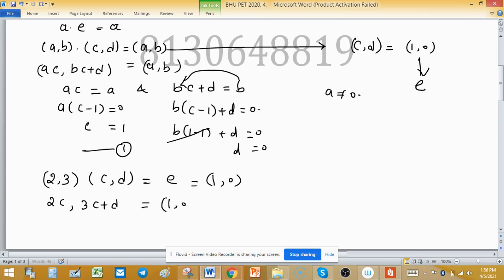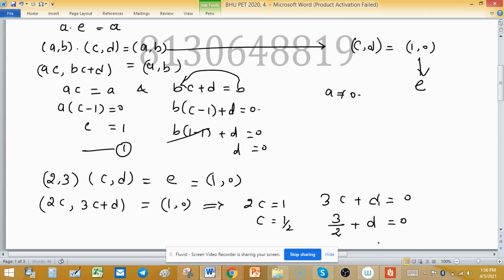So these two ordered pairs are equal. This implies that 2C equals 1, meaning C equals half, and 3C + D equals 0. The value of C is half, so 3/2 + D is equal to 0. This implies D equals -3/2. So (C, D) is nothing but (1/2, -3/2).